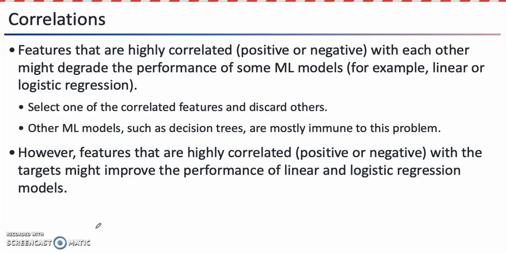In a sense, that's the redundancy. On the other hand, features that are highly target correlated might improve the performance of some of the regression models.